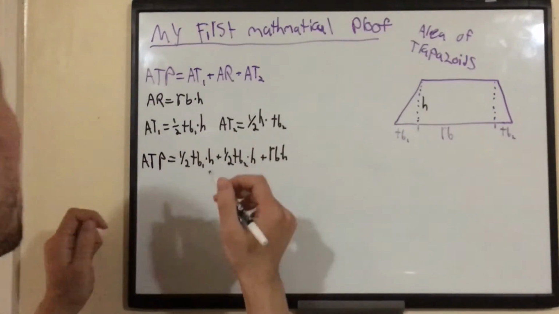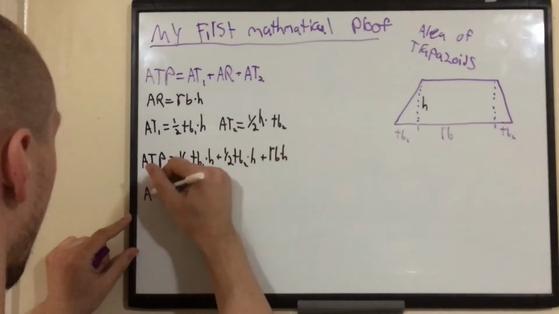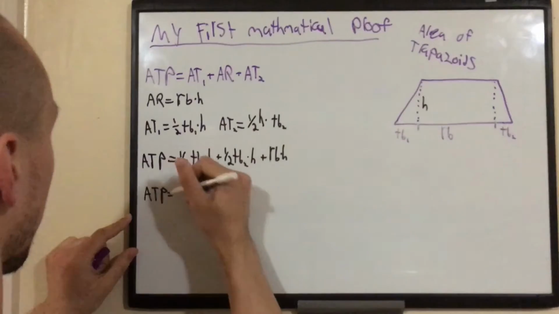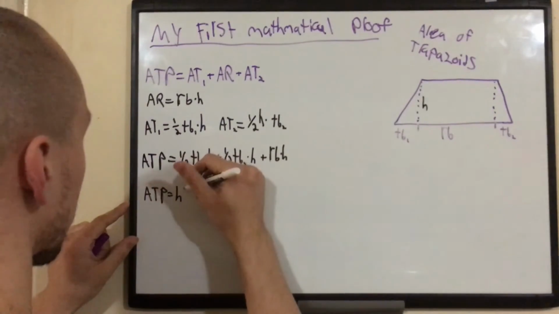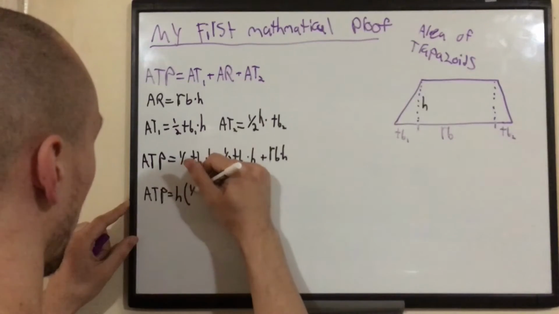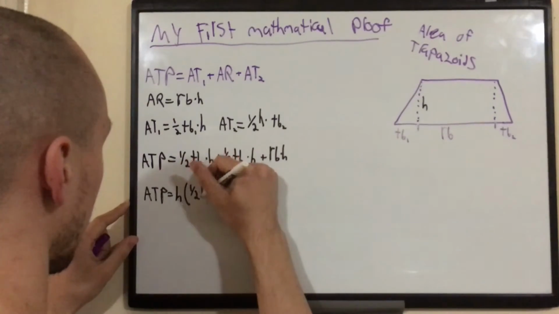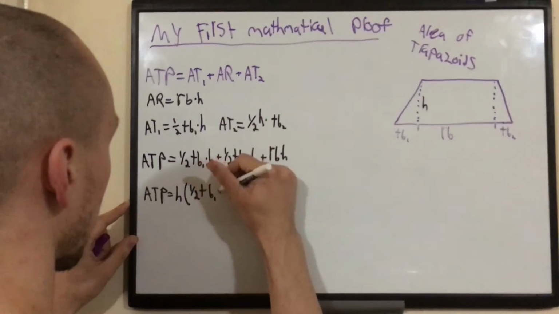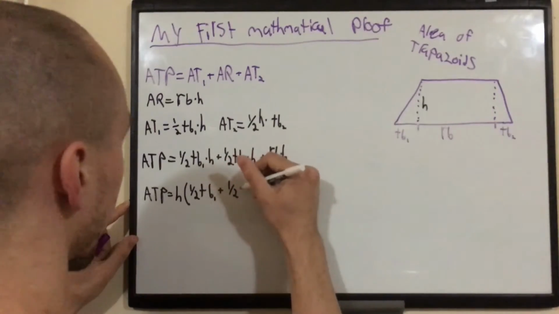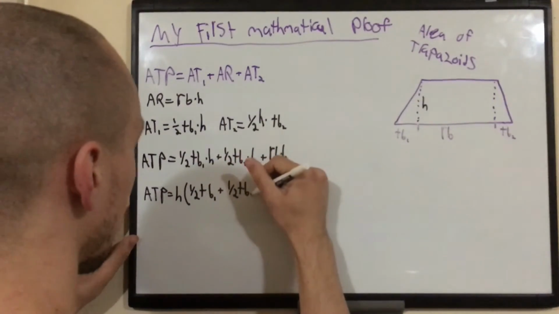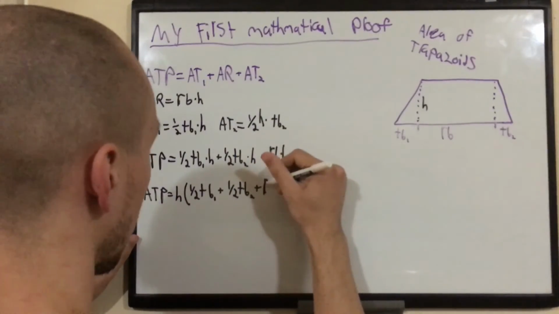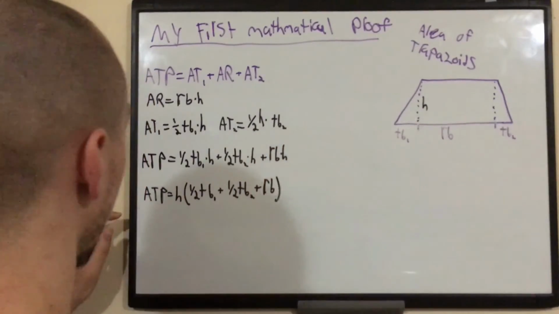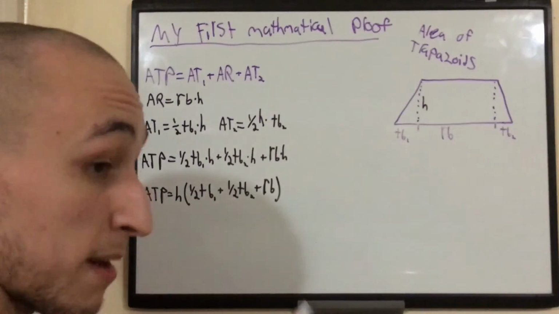I can factor all of them out. So I can say ATP equals H times parentheses 1/2 TB1 plus 1/2 TB2 plus RB. All right. So far, I am correct.